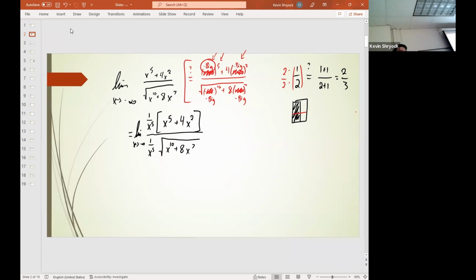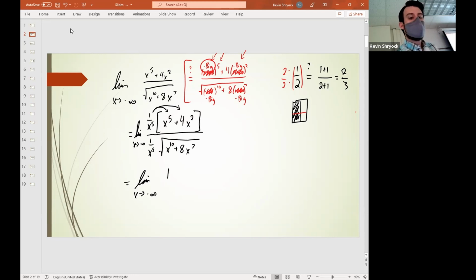All right, what can we do from here? Factor? I've already got it factored. It's already written as multiplication. Okay, what do we call this applying? Distributing. We could absolutely distribute it. So now we've got the limit as x approaches negative infinity of, this is division by x to the fifth. So x to the fifth divided by x to the fifth should be 1.